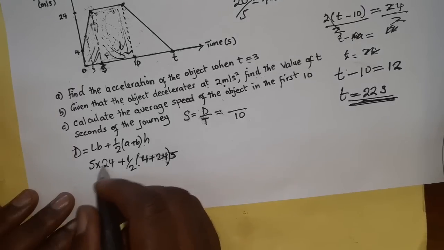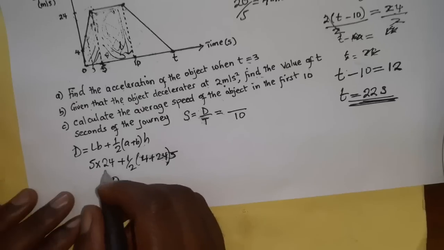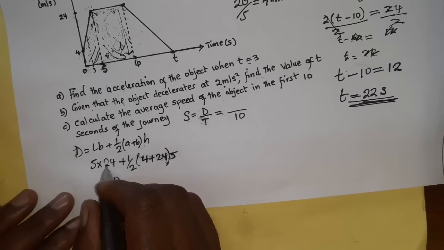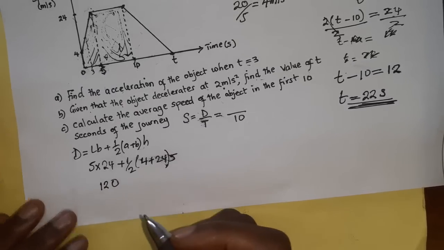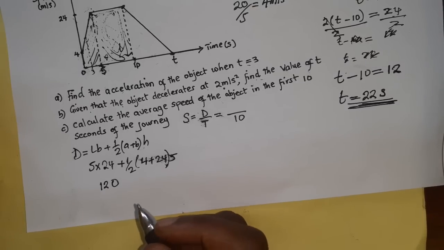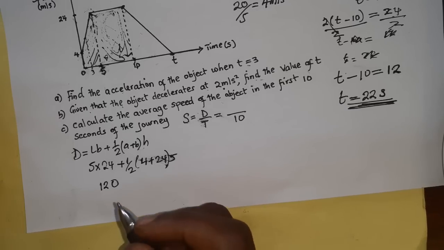So when you multiply these two here, what do you get? You get 120. Am I right?